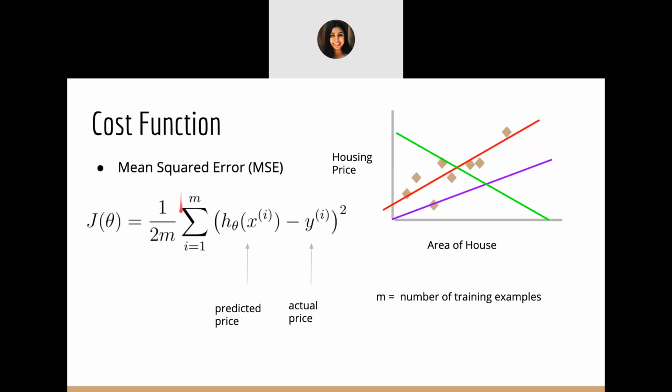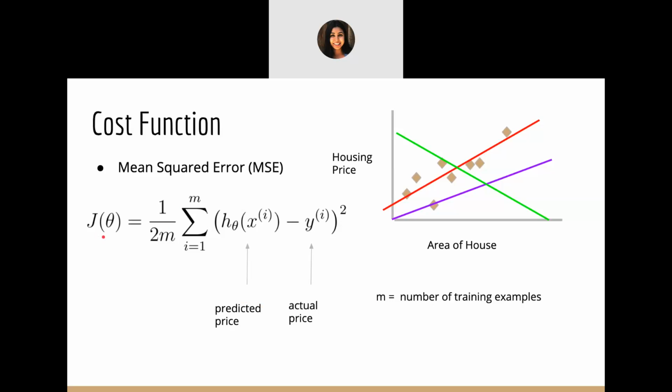So that's what this part here is doing. And summing it up, and then dividing by the number of training examples. I should mention that m is the number of training examples. So in this case, there would be 8 training examples.